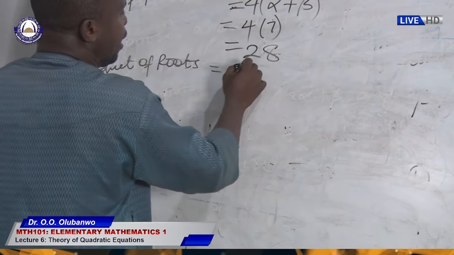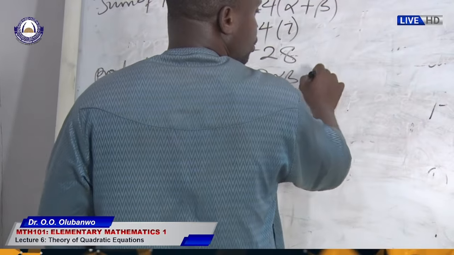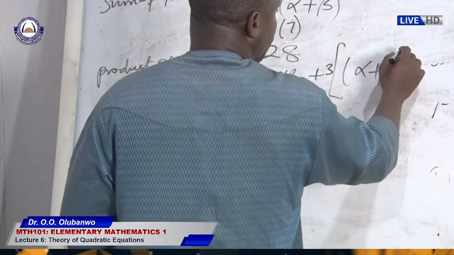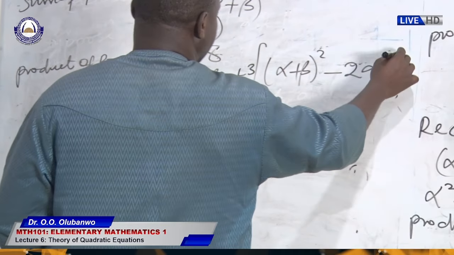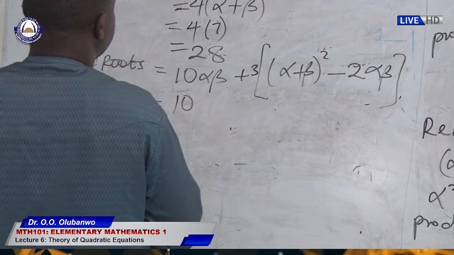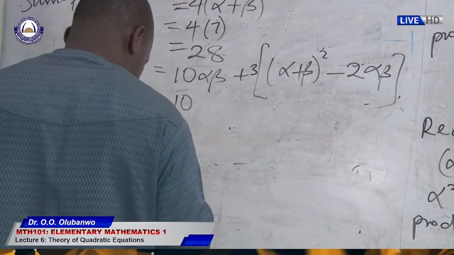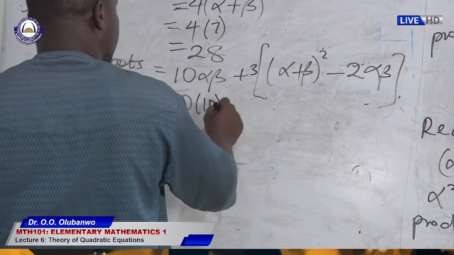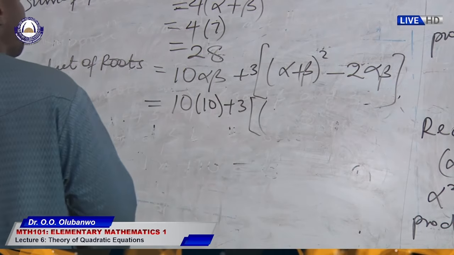While the product of roots is 10 alpha beta plus 3 into brackets alpha plus beta all squared minus 2 alpha beta. So this will be 10 times our alpha beta, which is 10, plus 3 into brackets, our alpha plus beta is 7.